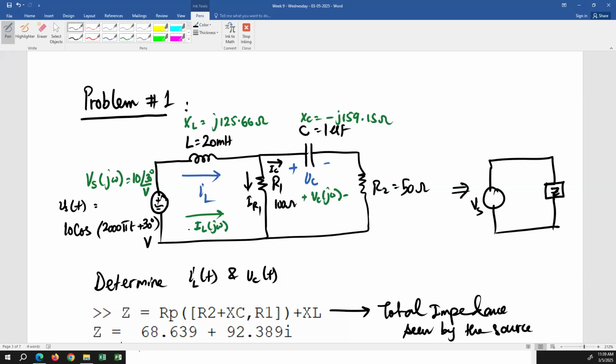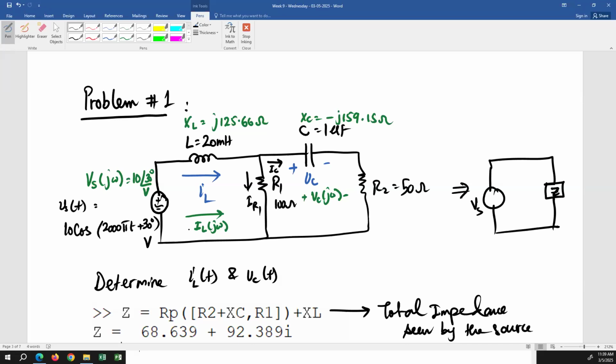Don't go deep. Just write it down. So remember, voltage division is what? Let's say V3. V3 is equal to V total times R3 over R equivalent, right? That's voltage division. Current division is opposite. IL is equal to I total times R equivalent over the resistor that you are trying to find the current. It's the opposite of the voltage division equation, right?